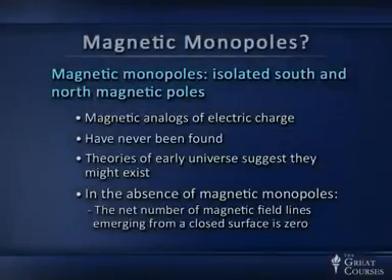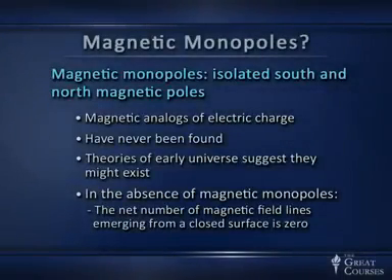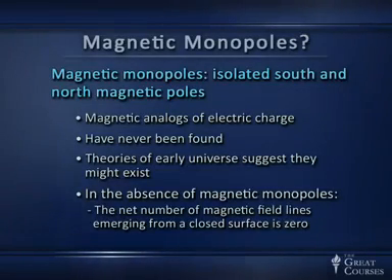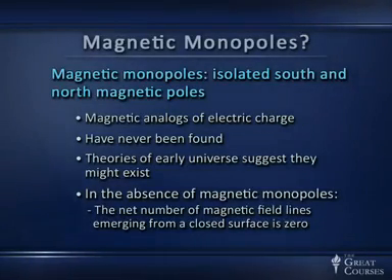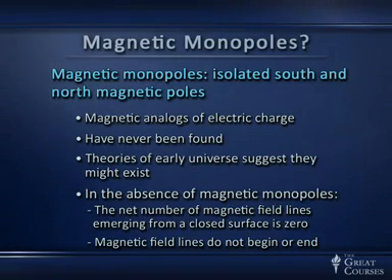Well, there is no magnetic charge, at least none that we've ever discovered, and that means any closed surface we draw will have zero magnetic field lines emerging from it. So that tells something about how the magnetic field is supposed to behave. Another way of putting that is magnetic field lines don't begin or end, because when we had electric field lines, they began or ended only on charge. So there are no magnetic monopoles.